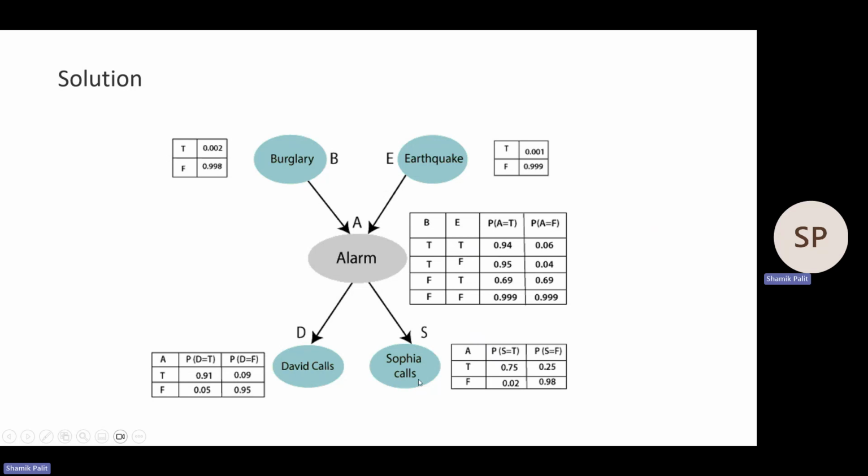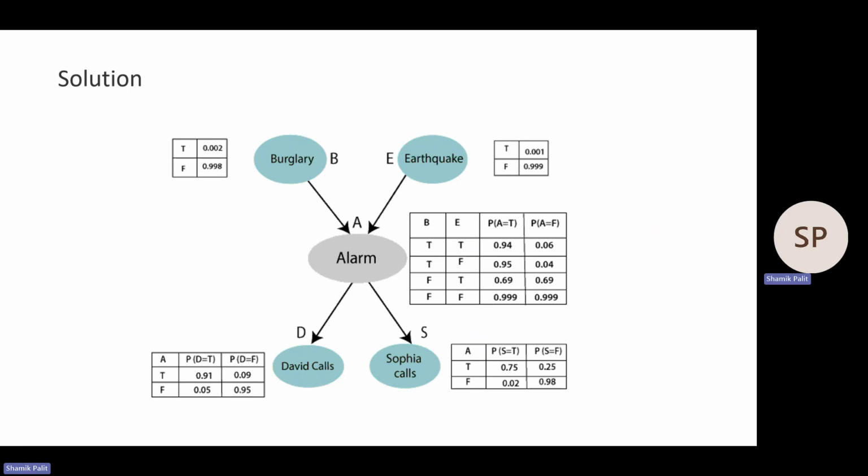So once you start finding a solution using the Bayesian belief network, this is what we have represented: the scenario of triggering of the alarm, which is mainly due to burglary and sometimes because of the earthquake. And based on the trigger of the alarm, what exactly is the probability of calls being made by David and Sophia respectively.